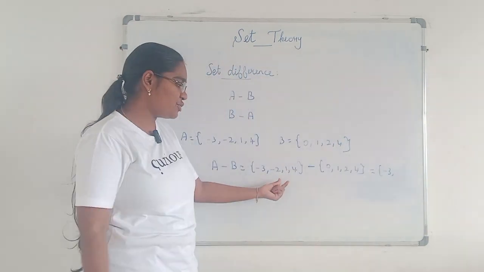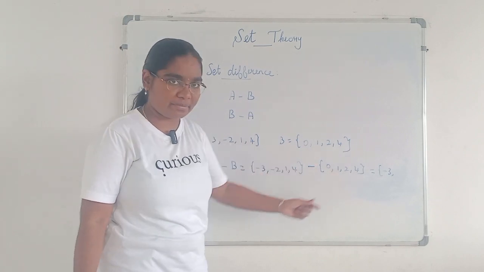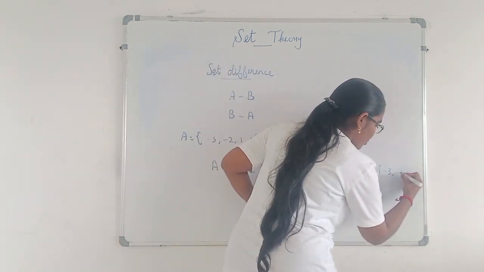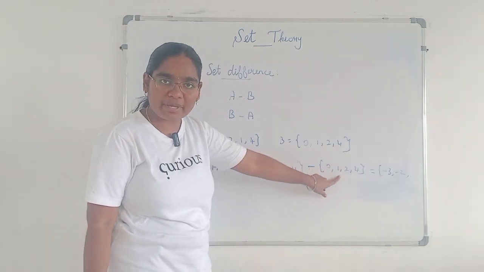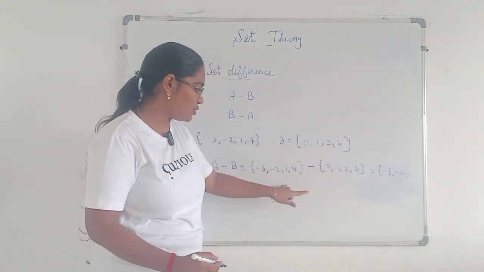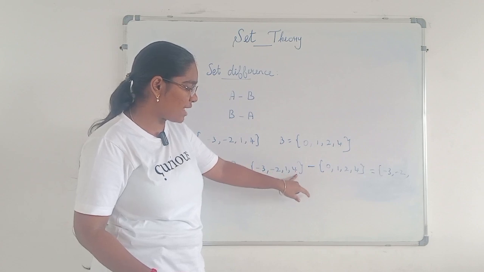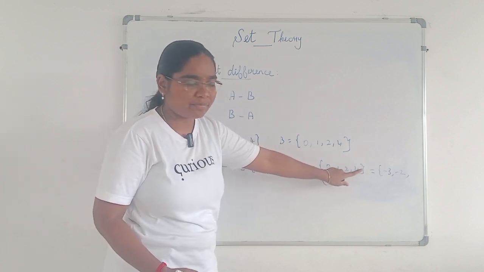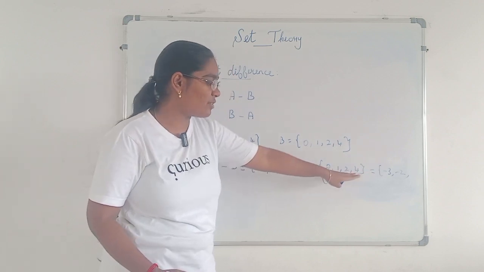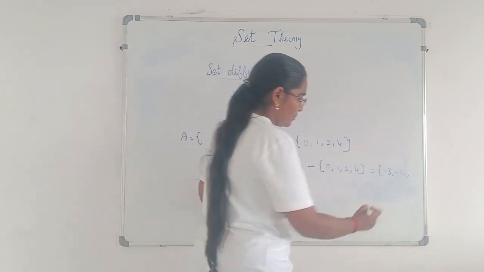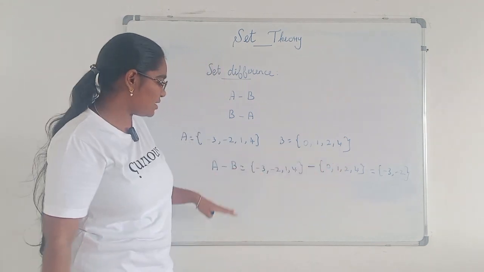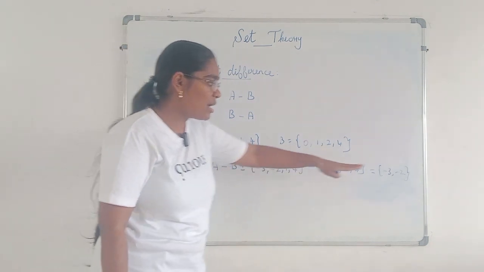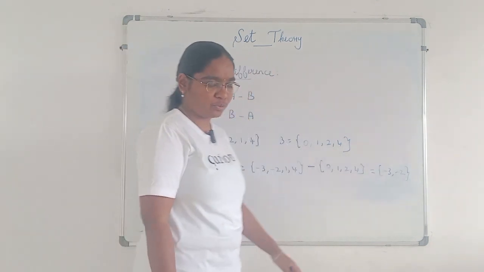Next, -2 is in A but not in B, so -2. This 1 is in A and also in B, so we won't write it. This 4 is in A as well as in B, so this 4 will be omitted. Our final answer for A difference B is -3, -2.